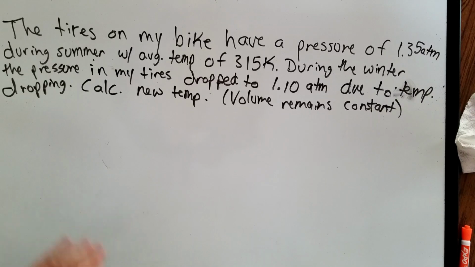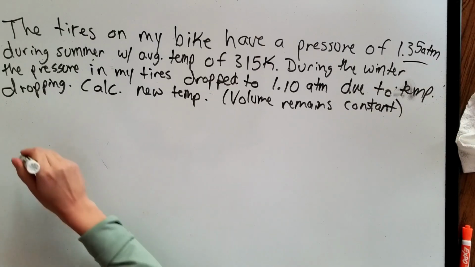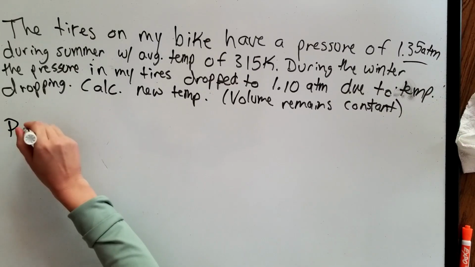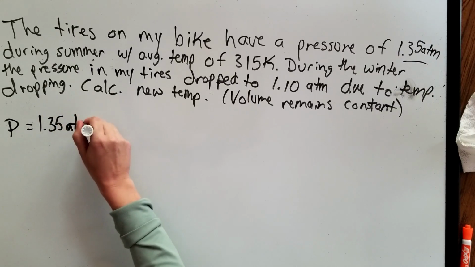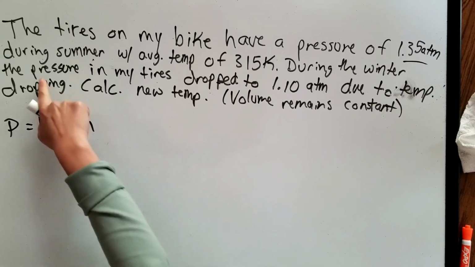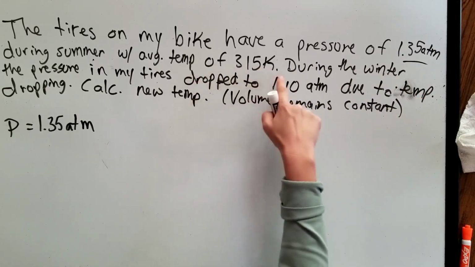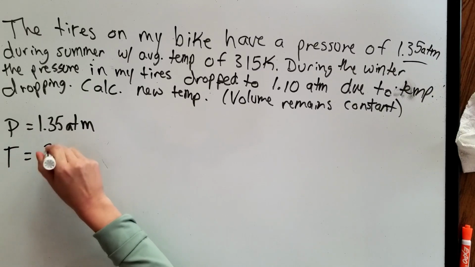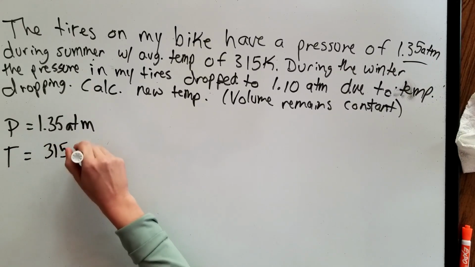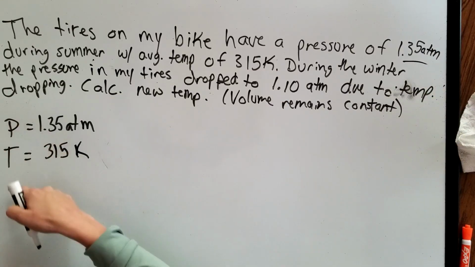Okay, so I'm going to start with my knowns and unknowns. The first piece of information given is this 1.35 atm. That is a pressure. And then that pressure of 1.35 is when the average temp is at 315, so I also have a temperature. Since I have 2 pressures in the question, I need to differentiate them.